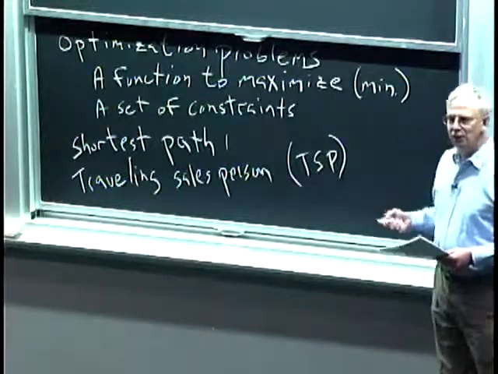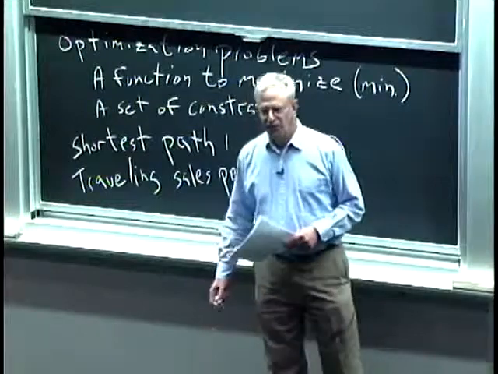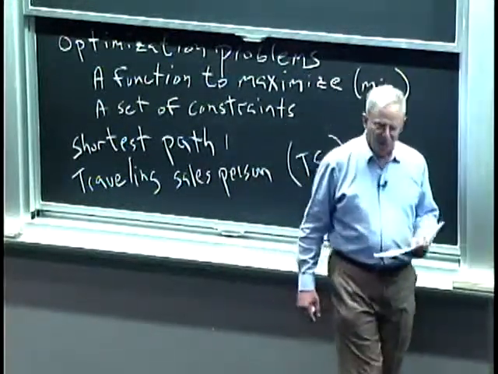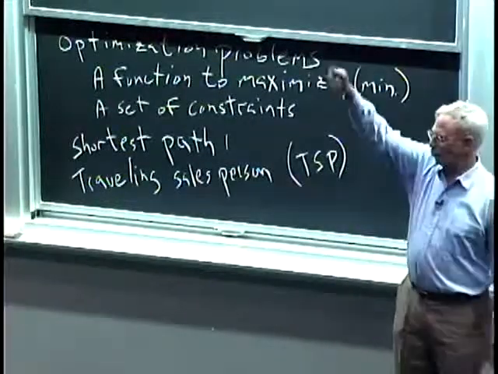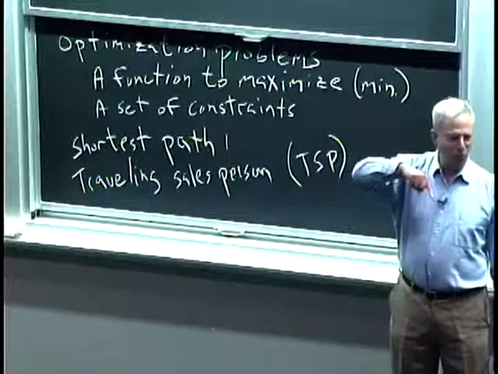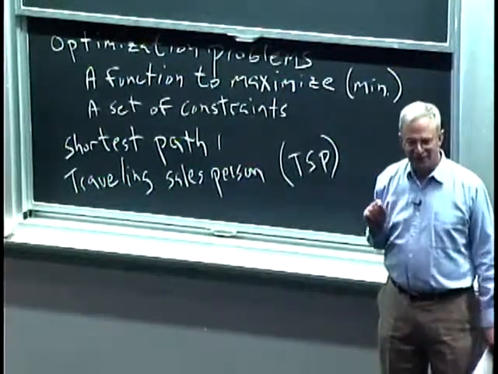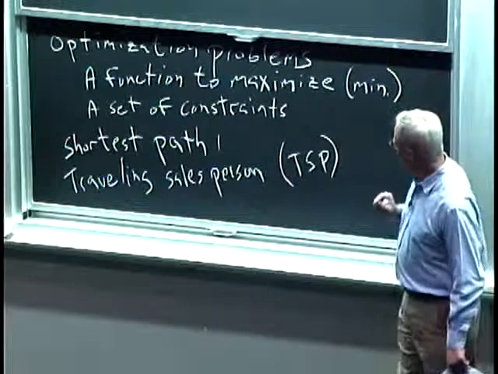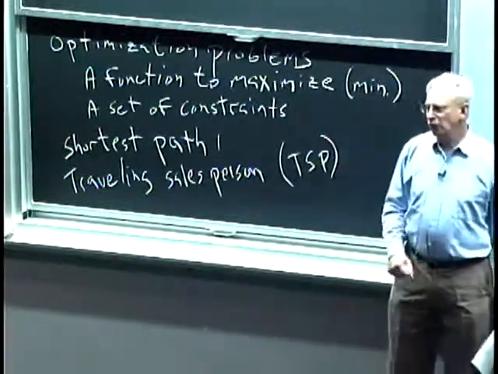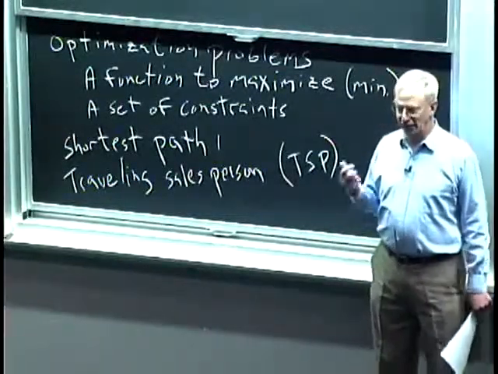So the problem here, roughly, is given a number of cities, and say the cost of traveling from city to city by airplane, what's the least cost round trip that you can find? So you start at one place, you have to go to a number of other places, end up where you started. It's not quite the same as the shortest path, and figure out the way to do that that involves spending the least money or the least time or something else.